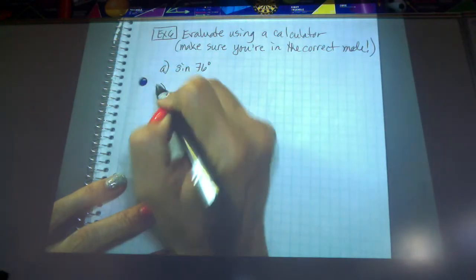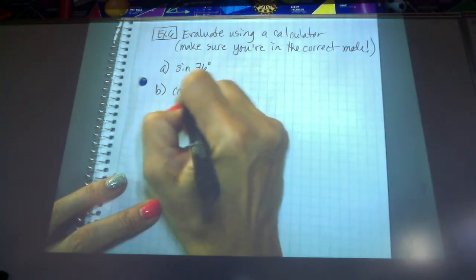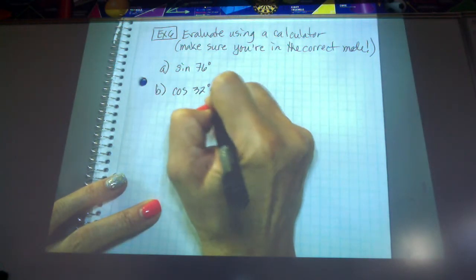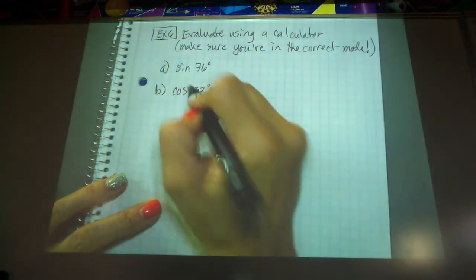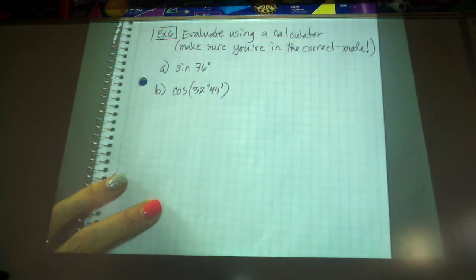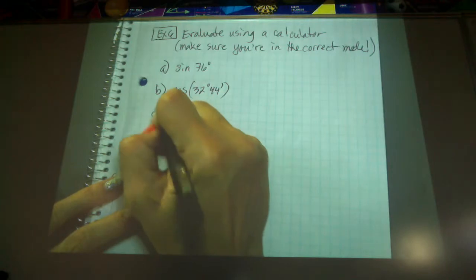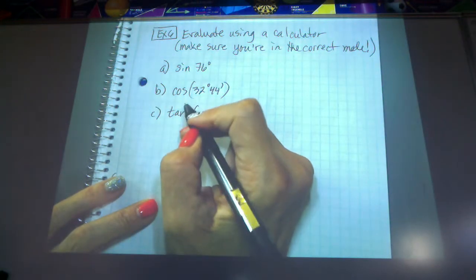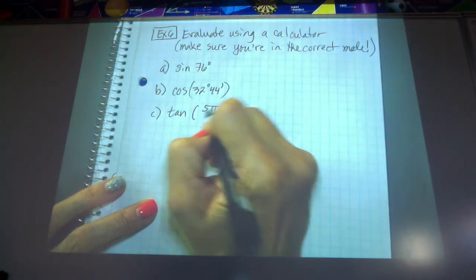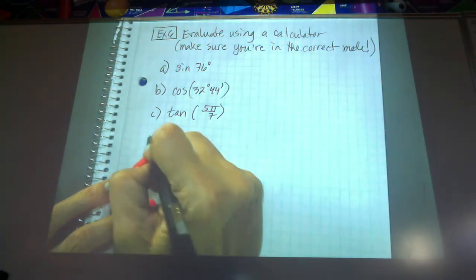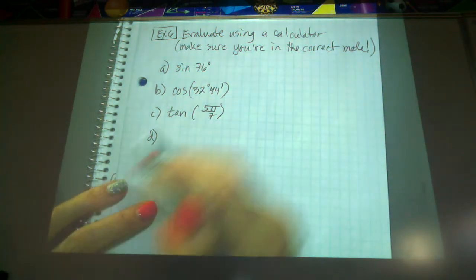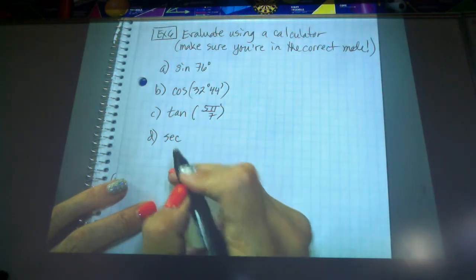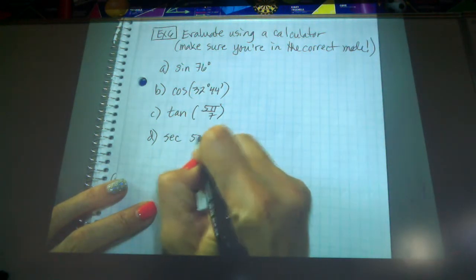Part B, cosine of 32 degrees, 44 minutes. Part C, the tangent of 5 pi over 7. D, the secant, you should know what to do with that now, of 53 degrees.